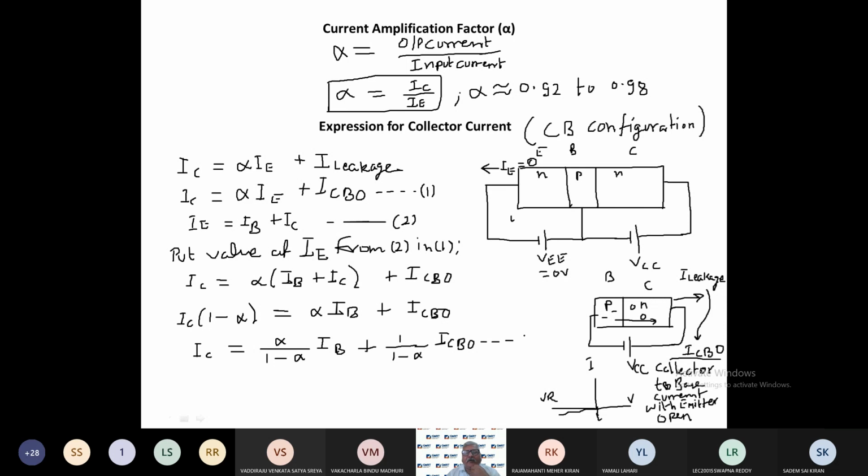And this is our equation number 3. This is the expression of the collector current in common base configuration, right?